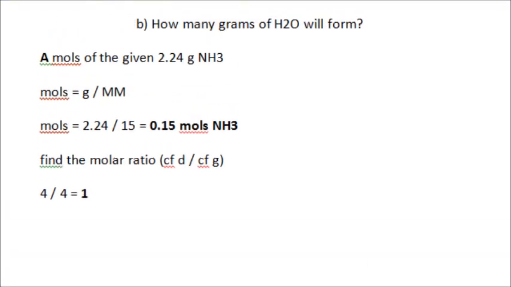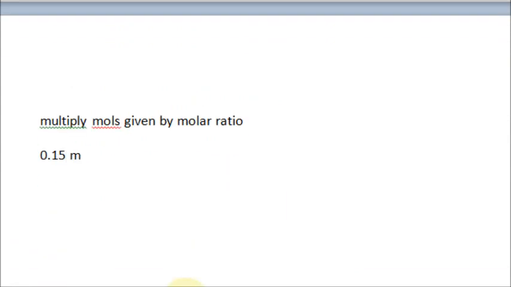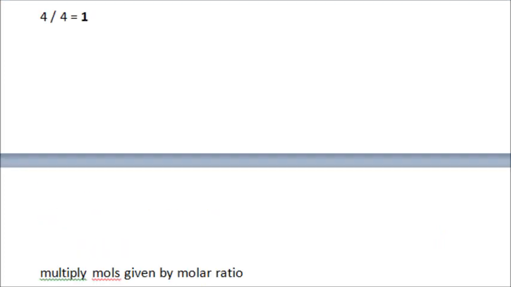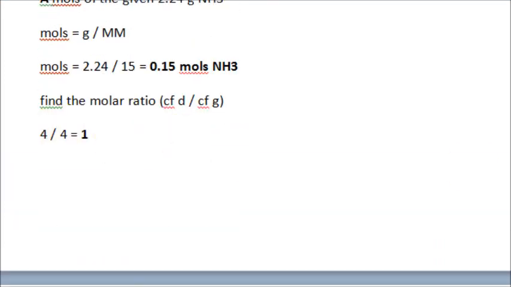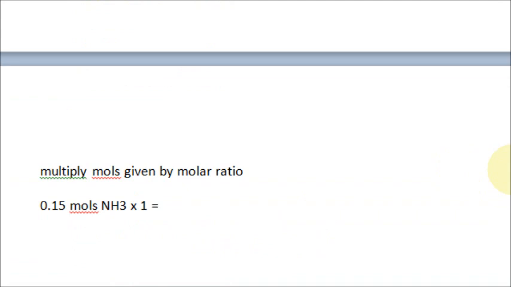So step 3 is to multiply moles given by molar ratio, which we found. Moles given in step 1 was 0.15 moles of NH3, times the molar ratio, which we just found, which is 1, which gives us 0.15 moles of NO. So that's the desired.